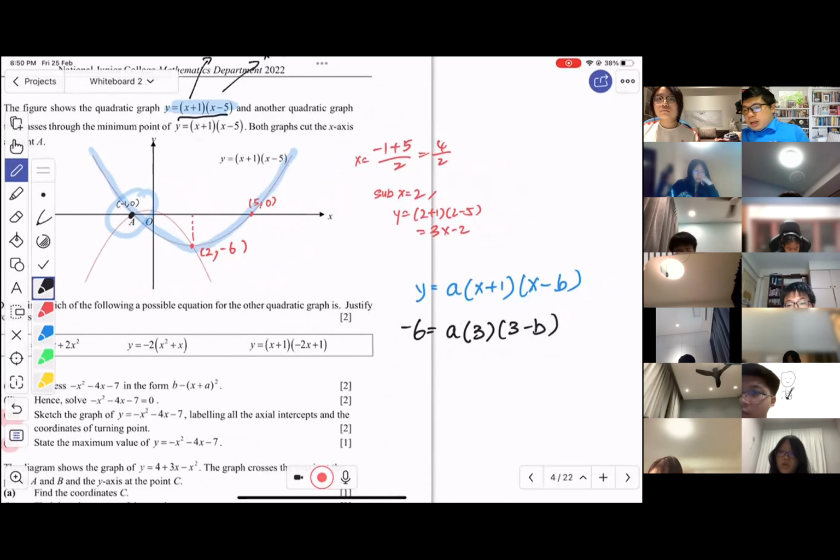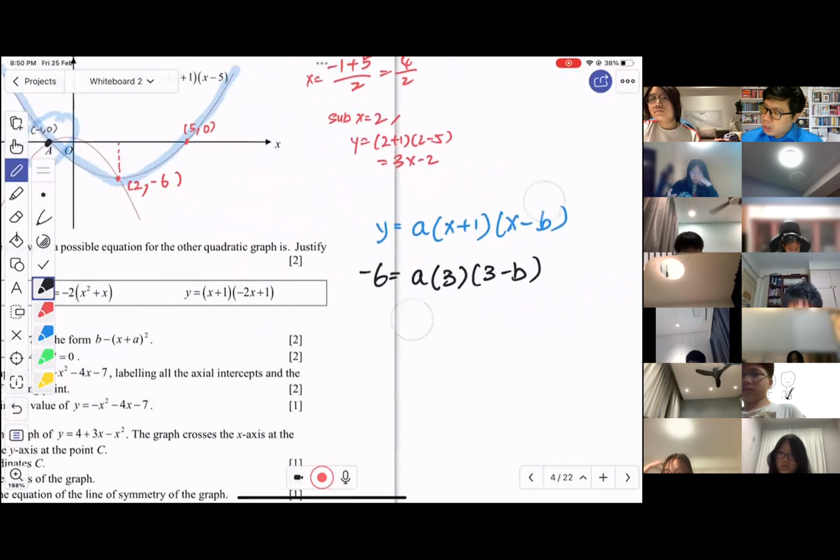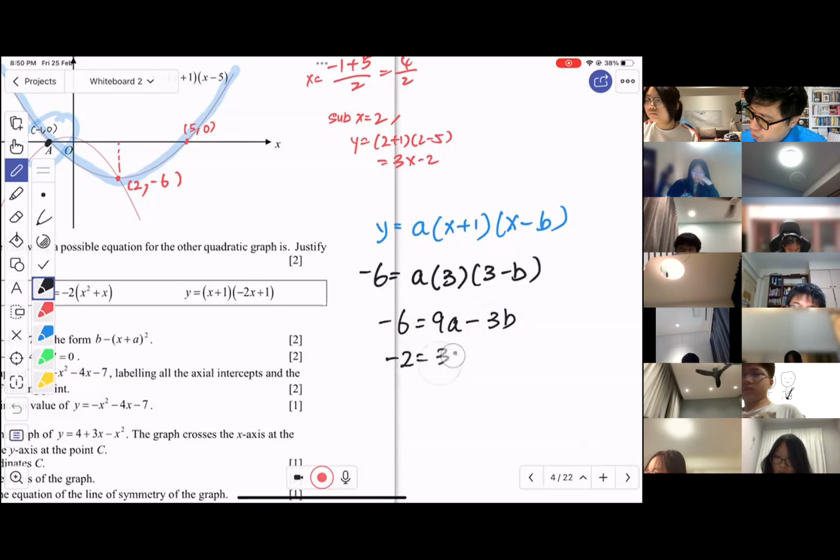Using y equals a, x plus 1, x minus b, with 2 and minus 6, that means I will have negative 6 equals 9a minus 3b, which is negative 2 equals 3a minus b. That's equation 1.